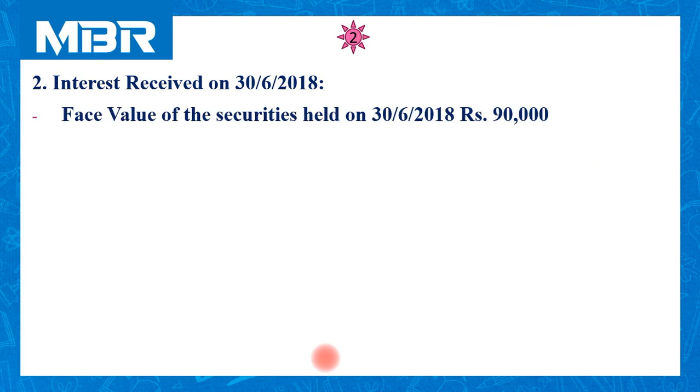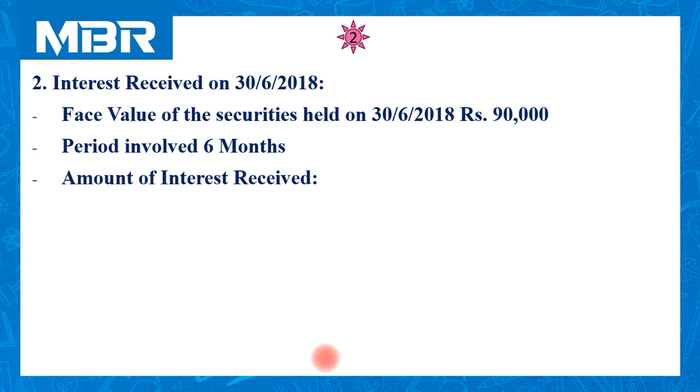So let us move to transaction number 2. It is all about interest received on June 30, 2018. Face value of the securities held by the investor on June 30, 90,000. Period involved for the calculation of interest 6 months, and amount of interest received by the investor at the rate of 12% for the period of 6 months on face value of rupees 90,000.